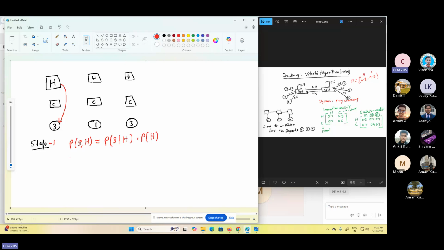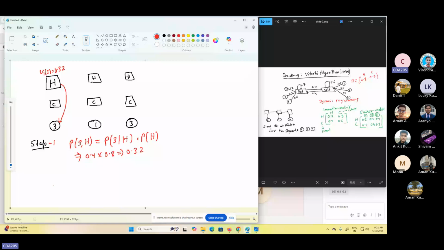What will be the value? H to 3 is 0.4 into 0.8, so the value will be 0.32. So the initial value V1 is equal to 0.32.